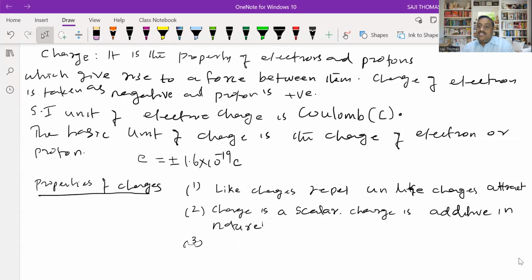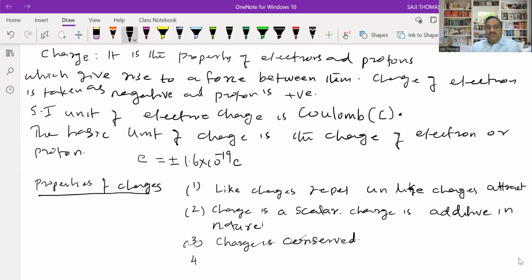This is the meaning of charge is conserved. Total charge remains constant; it cannot be created nor destroyed. So that is the third property. Charge is conserved.